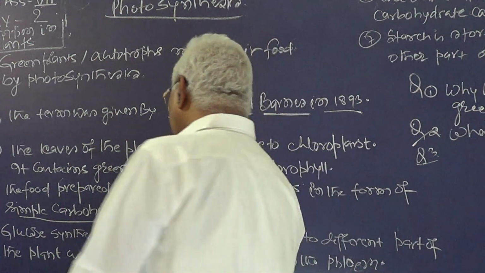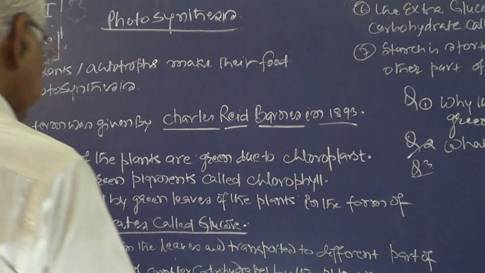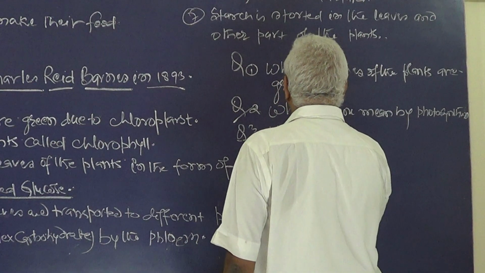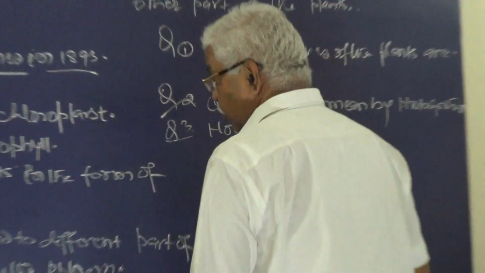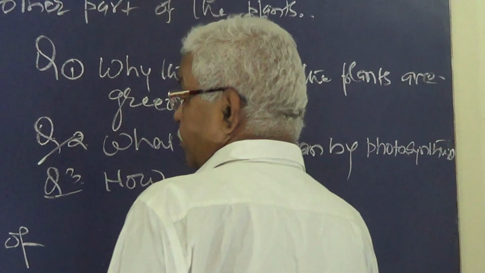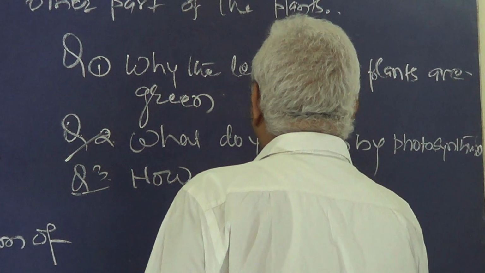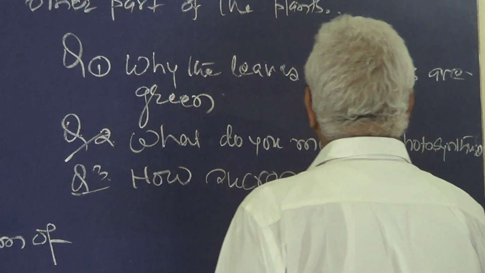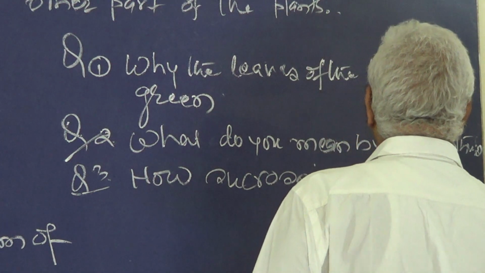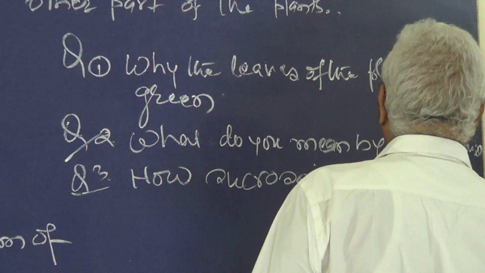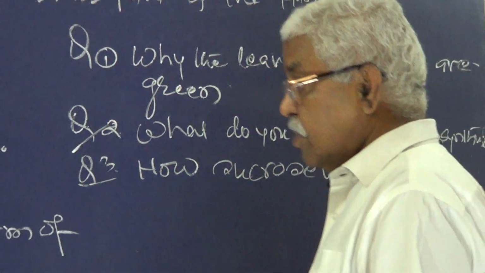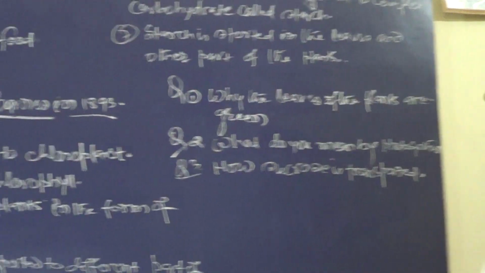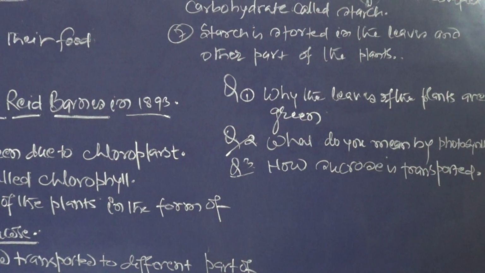Okay, so what will be the question? Now see question number 3: how is sucrose transported? Sucrose is transported by the phloem to the different parts of the plant.